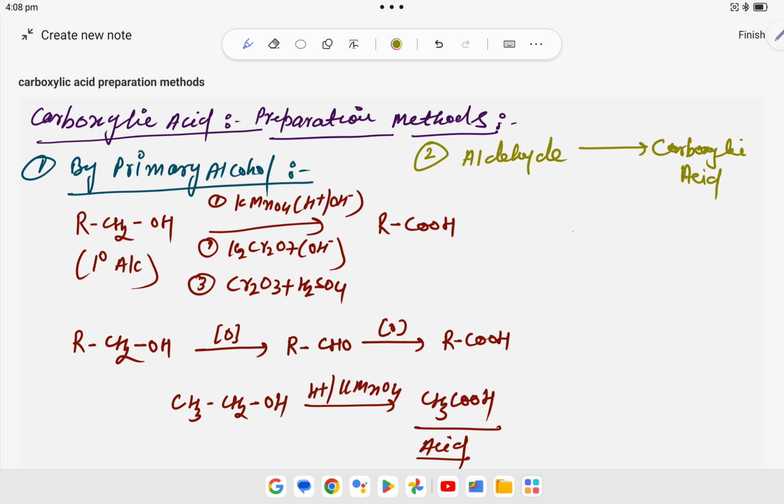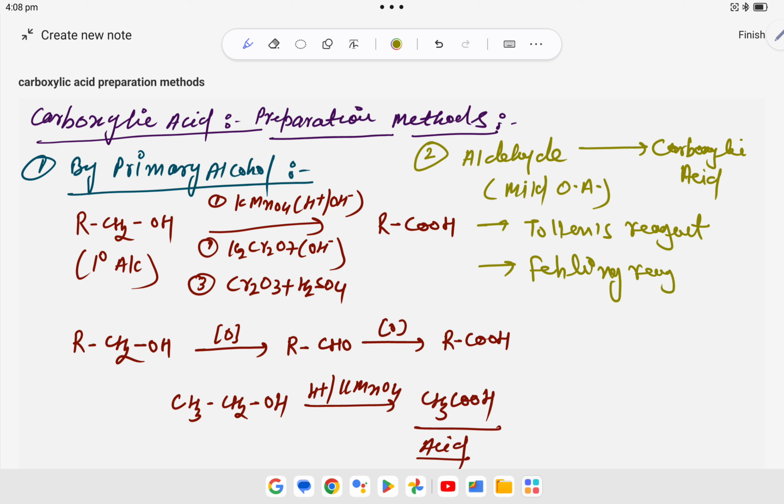In the chemical properties of aldehyde, that thing we have discussed, by using a mild oxidizing agent. What are the mild oxidizing agents? Tollens reagent or Fehling reagent.